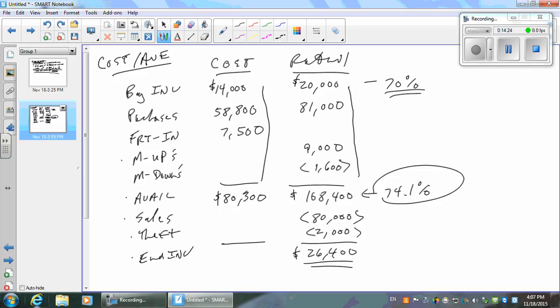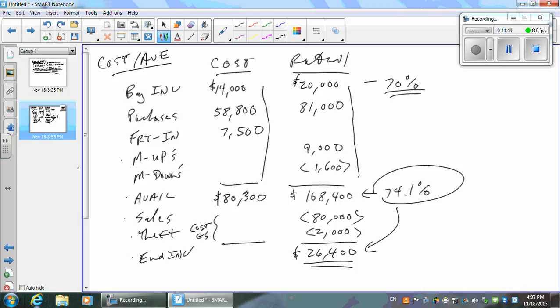And what do I think the cost of it is? That's retail sales price. Take it times 74.1%. Do the inventory, do not do the cost over here. This part over here is going to be cost. Cost of goods sold, right? It's going to end up being cost of goods sold. If you want to separate the theft, you could take 2,000 times the 74.1, I suppose.